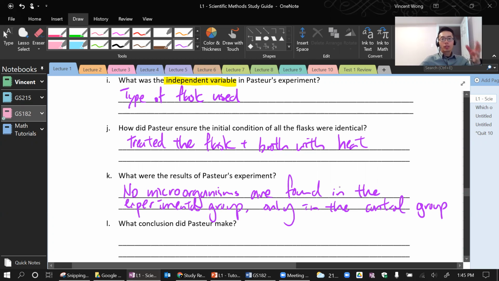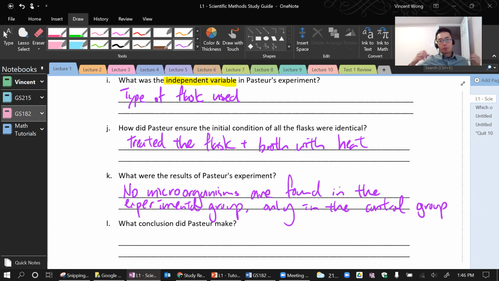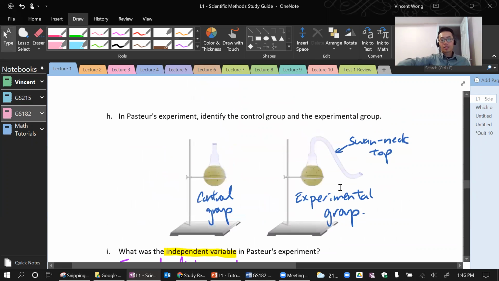Okay, so the control group with the open flask, all the microorganisms in the air will fall right through the hole. It's gonna multiply in the nutrient broth and then turn it moldy or something. And then the other one, because of the swan neck, right? So all the microorganisms in the air, they might land here, but they cannot climb up. So the broth will remain sterile.